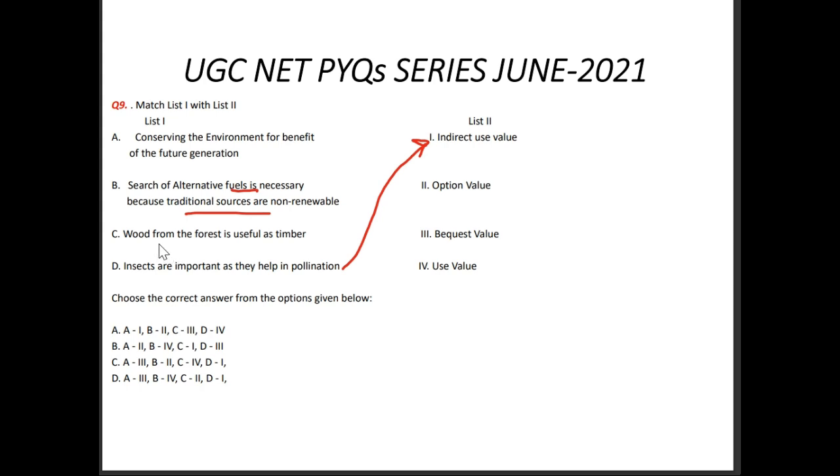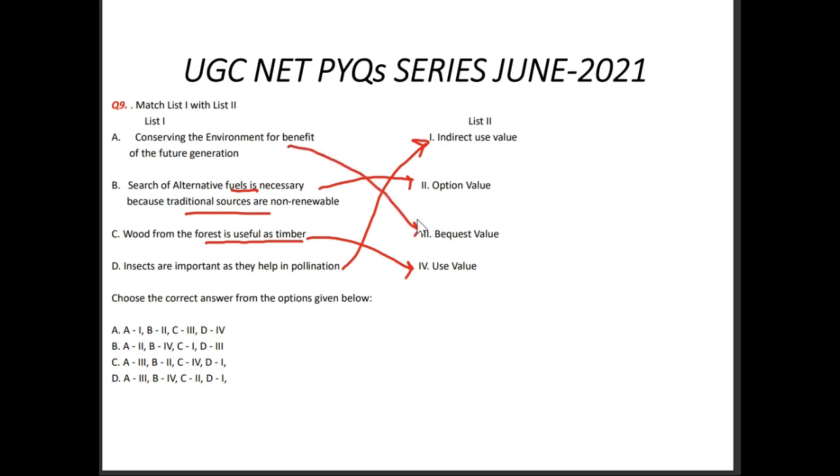And wood from the forest is useful as timber, this is use value. And search of alternative fuels is necessary because traditional sources are non-renewable, this is option value. And conserving the environment for benefit of the future generation, this is bequest value.